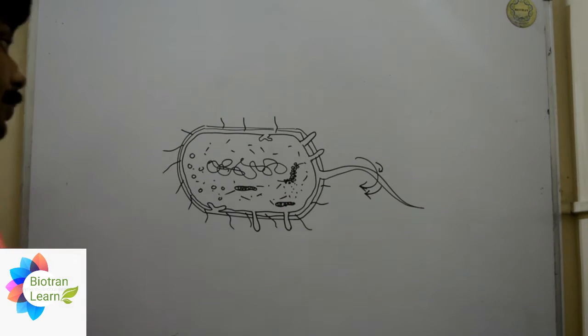So these are the basic organelles that we will be able to find in a particular bacterial cell.